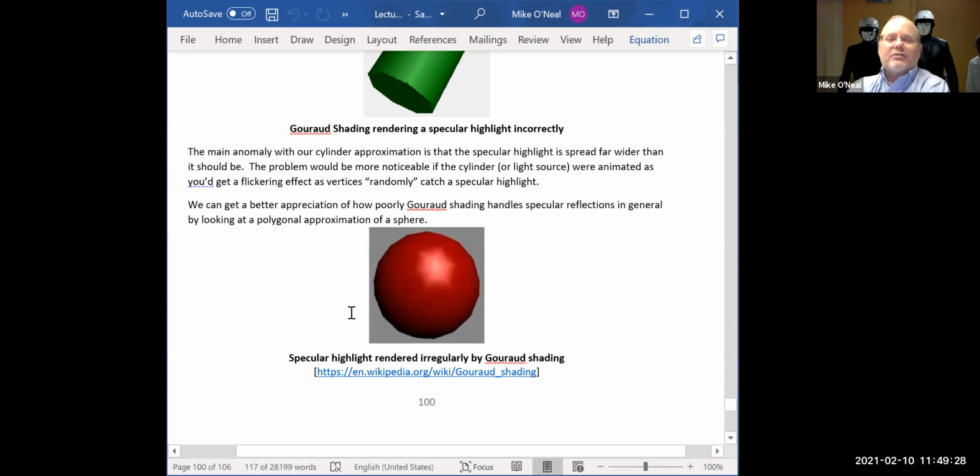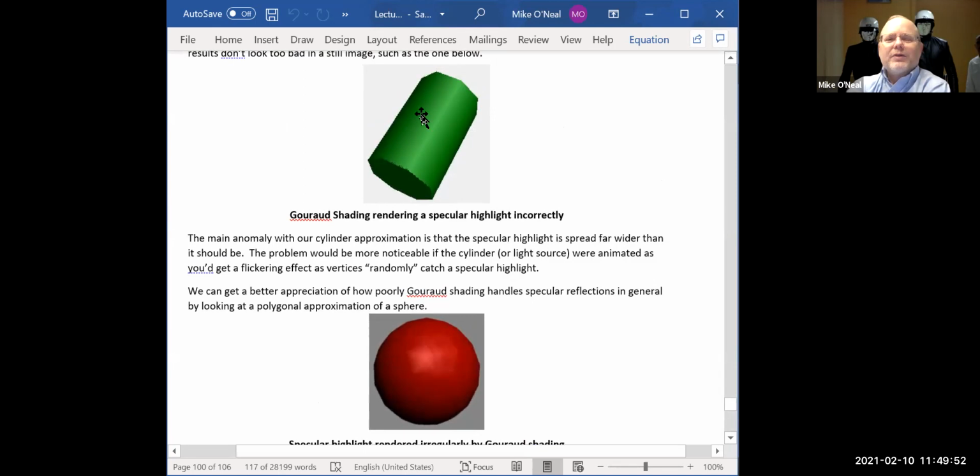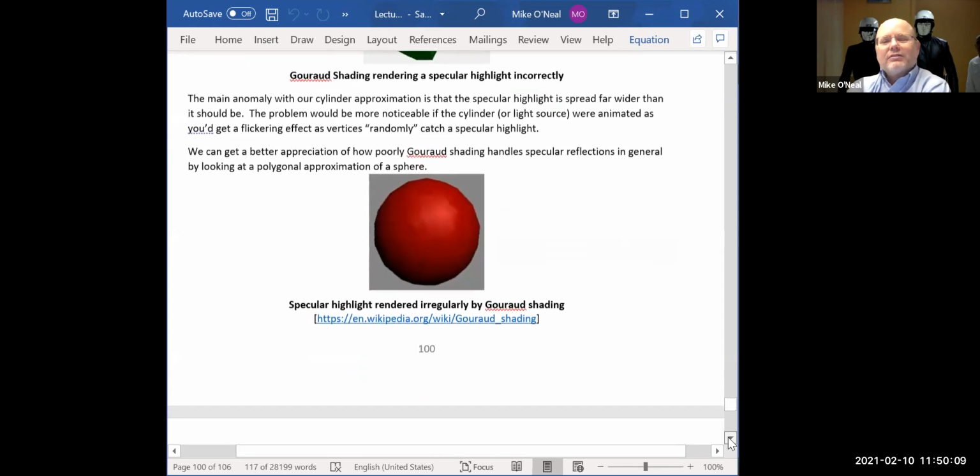But I'm glad it's rotating, because this makes the problem totally clear, right? You get these weird flashes as the vertex normal comes into the specular highlight, and that specular highlight is smeared across these polygons. We're catching the specular highlight here, and it's being smeared across these two polygons, but it doesn't look quite so bad because, one, this is a still image, and two, you don't really intuitively know how much that highlight should have spread. But this animation makes it really clear.